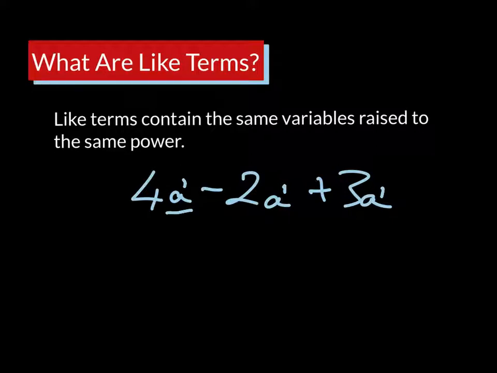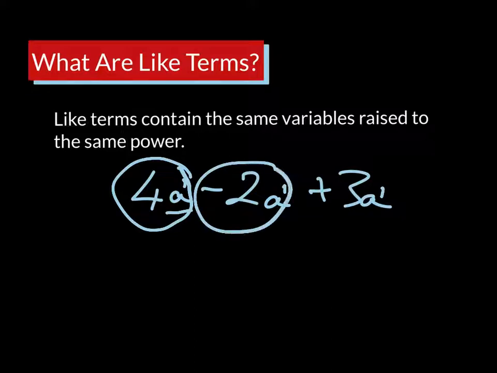So I have the same letters raised to the same power, so all of these, 4a and minus 2a and plus 3a, are like terms. Now it doesn't matter that the coefficient of the first term is 4, and of the second term is minus 2, and of the third term is 3.